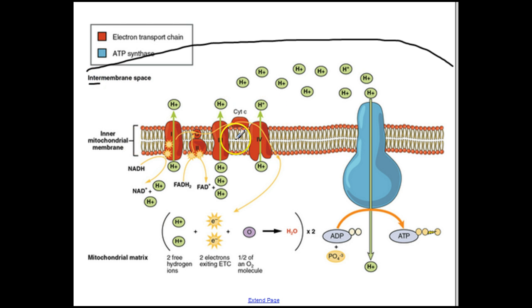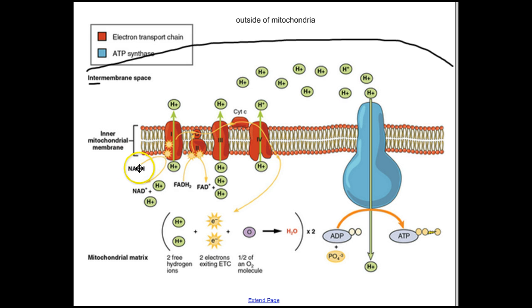Here's the inner membrane, and then the matrix would be down below this membrane here. And so this is all happening and lined up on the inner mitochondrial membrane. So this is the outside here. Okay, and so you've got a bunch of protein complexes lined up along the inner mitochondrial membrane that are going to do two things basically.